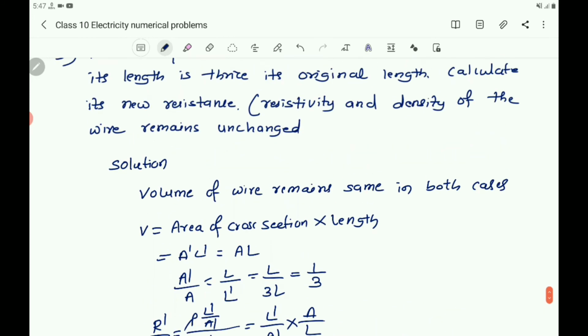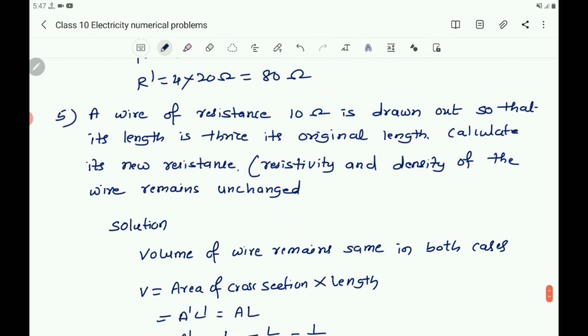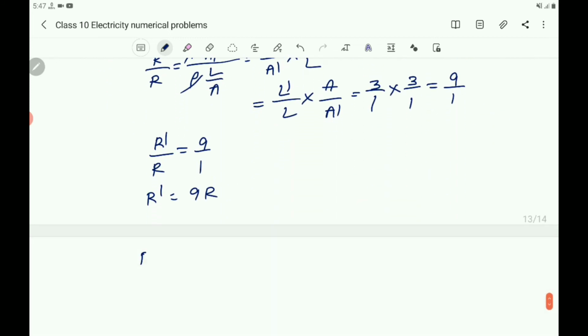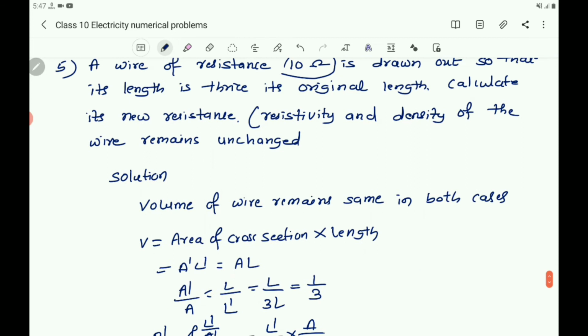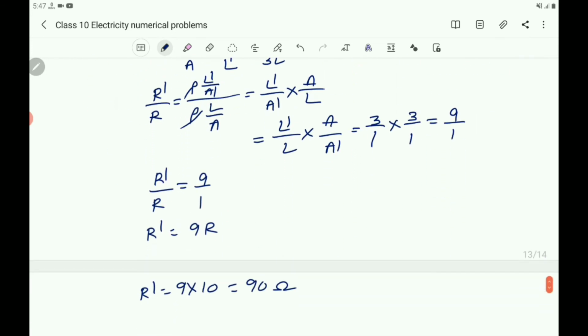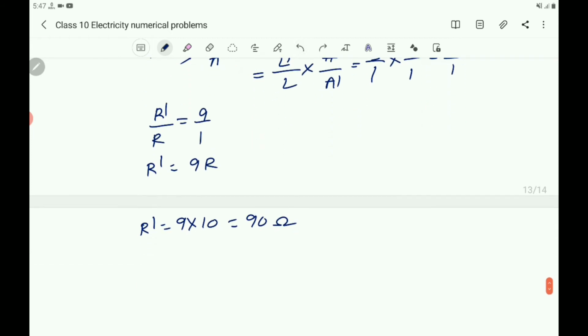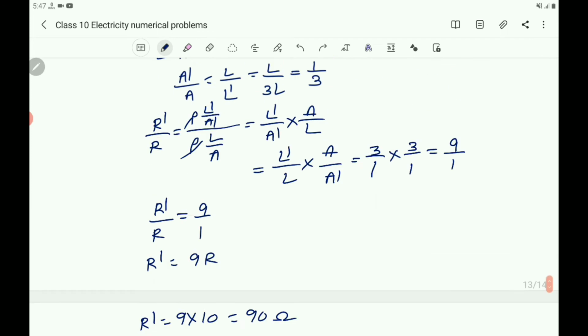And here it is given that the wire of resistance 10 ohm is drawn. So you got R dash equals 9 into 10 equals 90 ohm. The new resistance is 90 ohm. You got the answer. Then you take the next question.